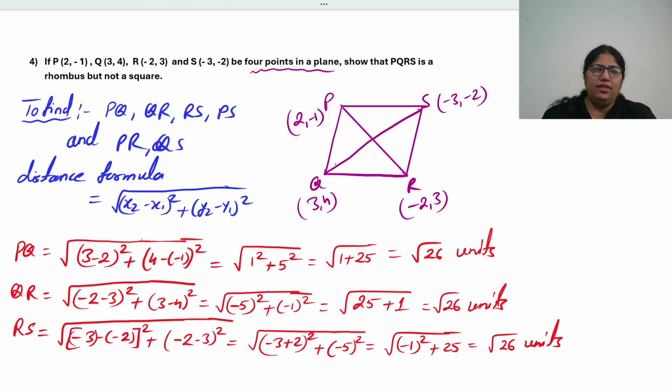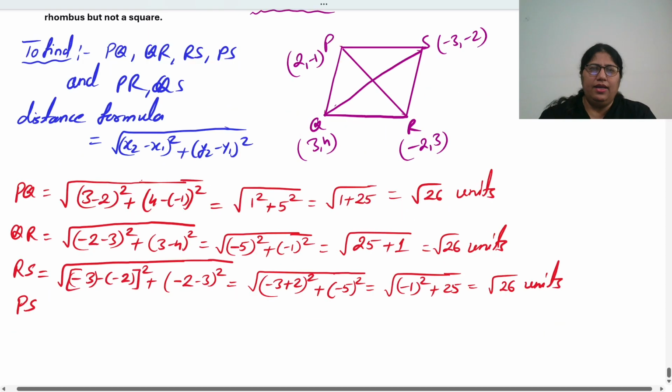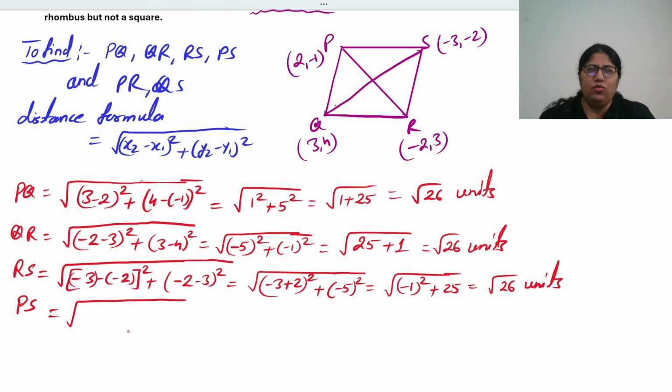Then after that you are going to get the PS length, right? What is the PS length? Let us find out P2S, right? So I can take 2 minus minus 3 whole square plus minus 1 minus of minus 2 whole square, right?